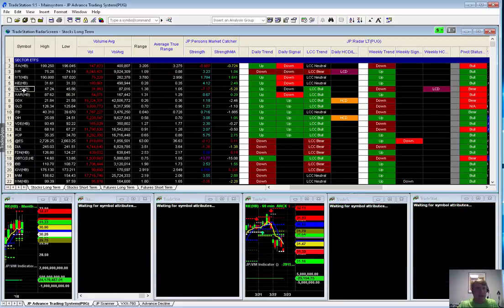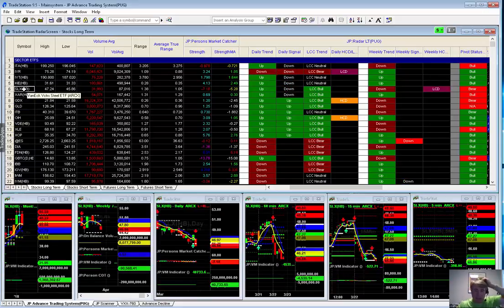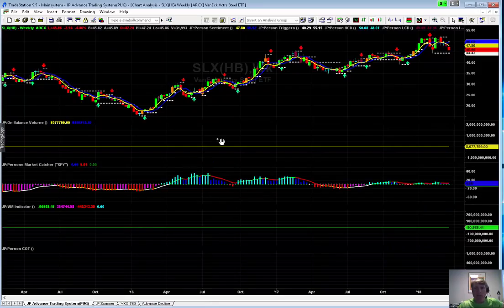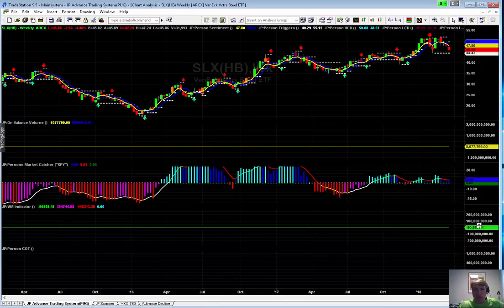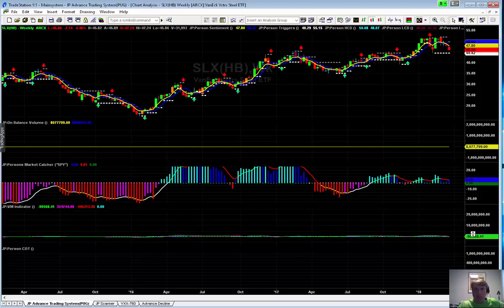We're looking at SLX, the steel sector ETF, and that's really getting ugly. In fact, it has been. If you go over and look at this, it says low close doji. It's not blinking because it had generated a sell signal, and it had been in a weekly downtrend. So we can immediately find out what's going on with this segment of the market.